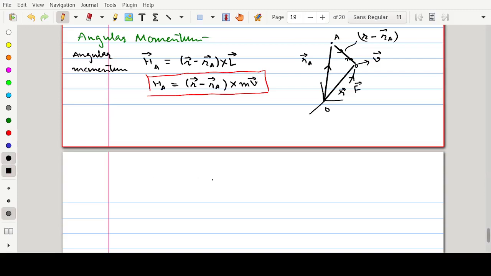So we have already seen that the time derivative of linear momentum is equal to the force acting on the particle. What about the time derivative of angular momentum? If I take the time derivative of angular momentum, what will come out? I have to differentiate this expression.